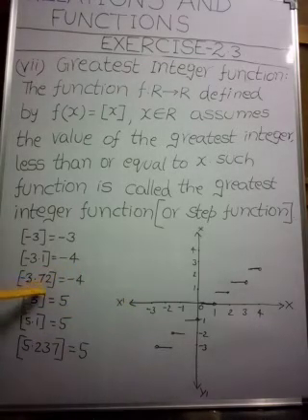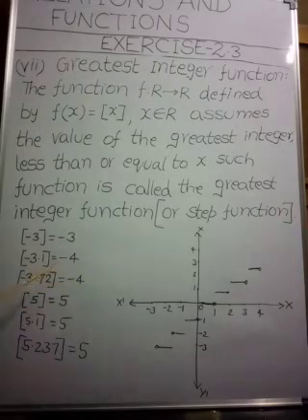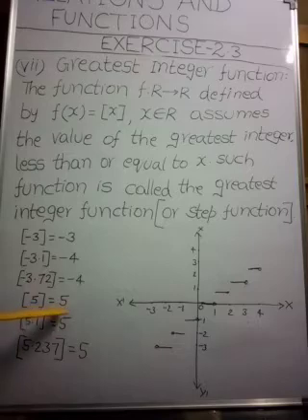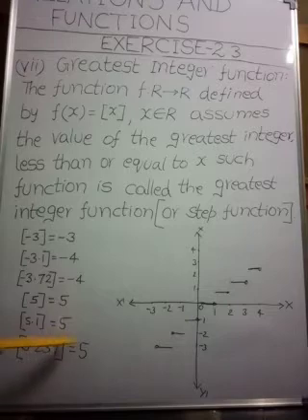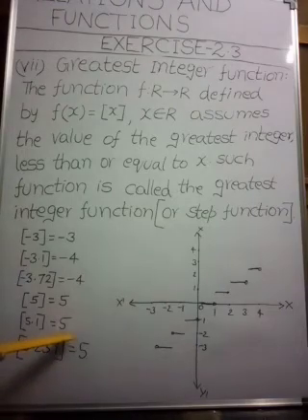Minus 3.72 lies between minus 3 and minus 4. So the left side number is minus 4. So the function value is minus 4. Step 5 is 5 only. Step 5.1 lies between 5 and 6. Then on the number line, what is the left side number? 5. So the function value is 5 only.